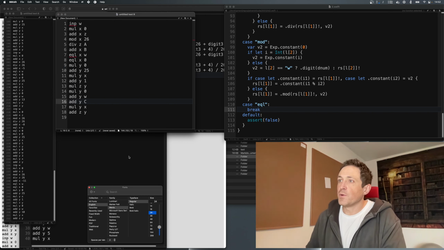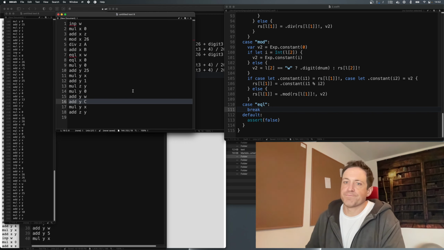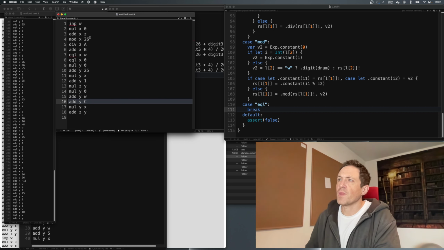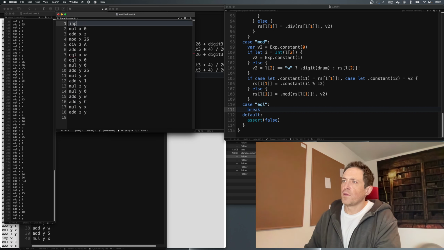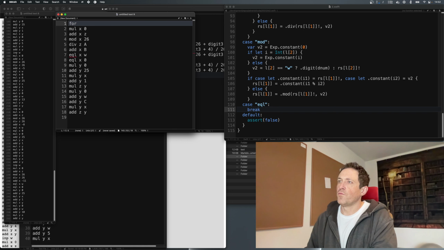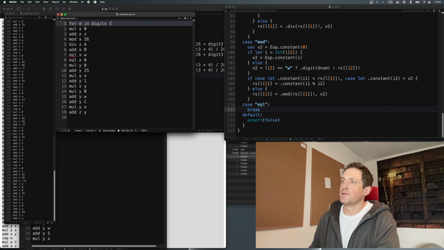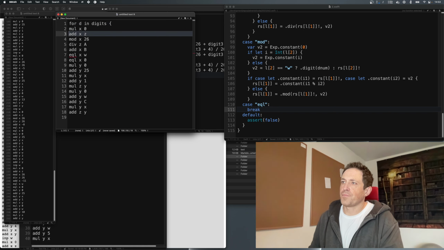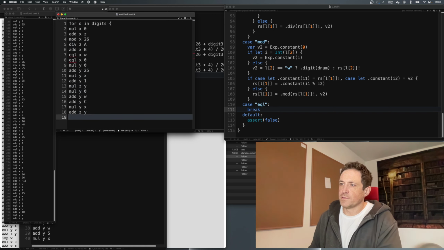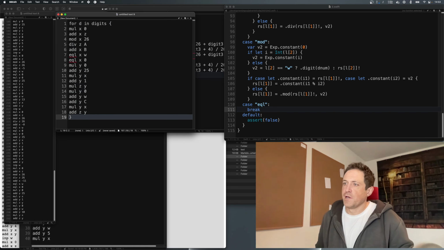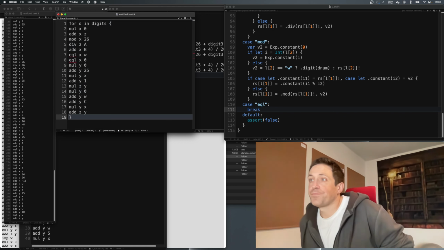So we know we have 3 variables, plus we're reading these digits. So let's for D in digits. Well, we can indent as we go, because we're doing this 14 times.